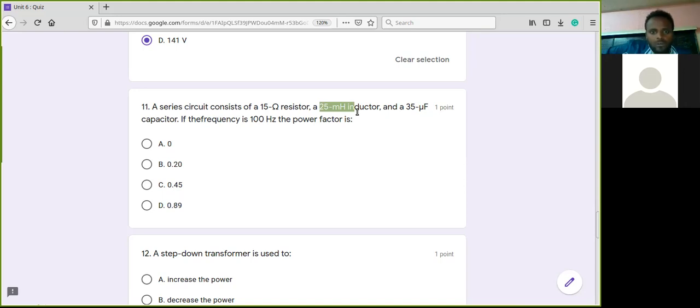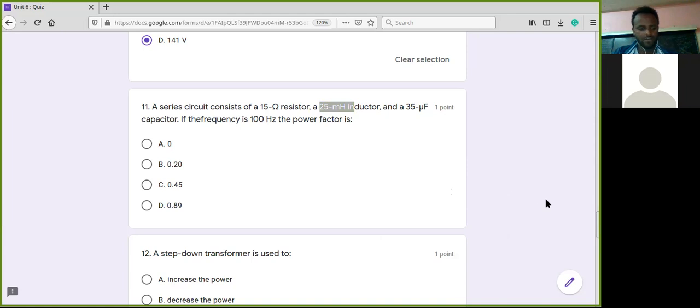Omega will be 200 pi, that is 2 pi f, which is 628. Then 628 times 35 times 10 to the power of minus 6 is for the XC.